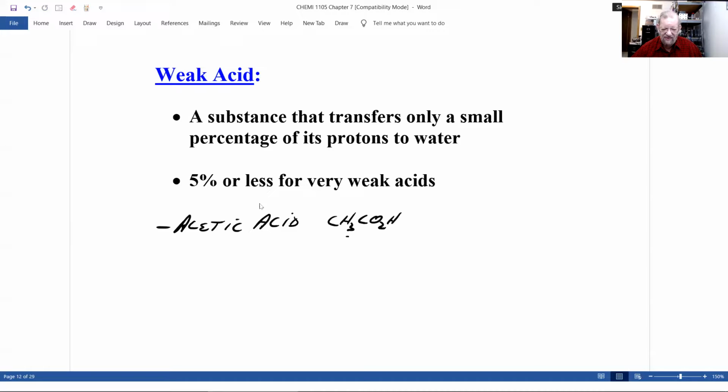We rarely, almost never, use the empirical formula like H2SO4. We show either this or another way of showing this molecule, which shows some of the bonding. All right, acetic acid, 4% of this.